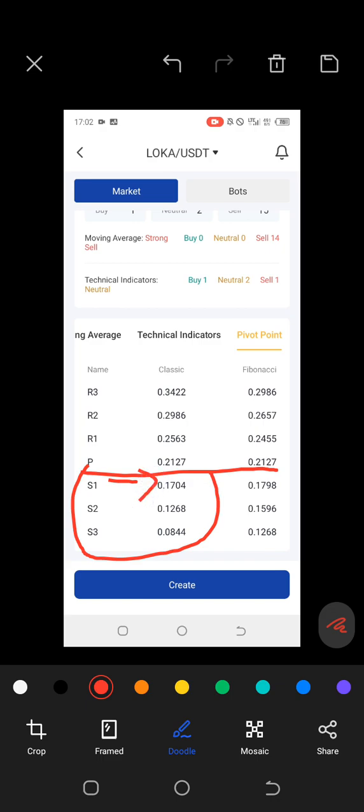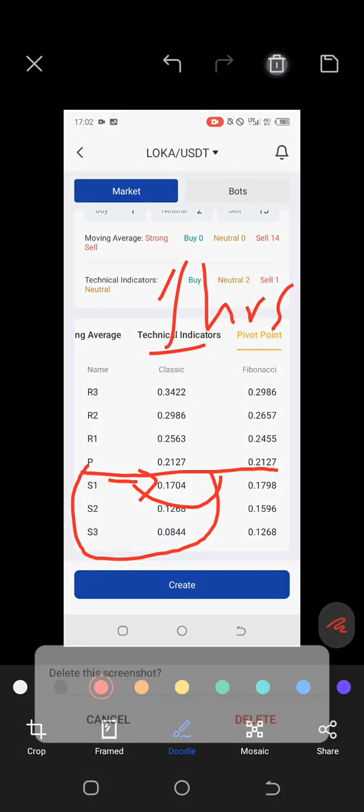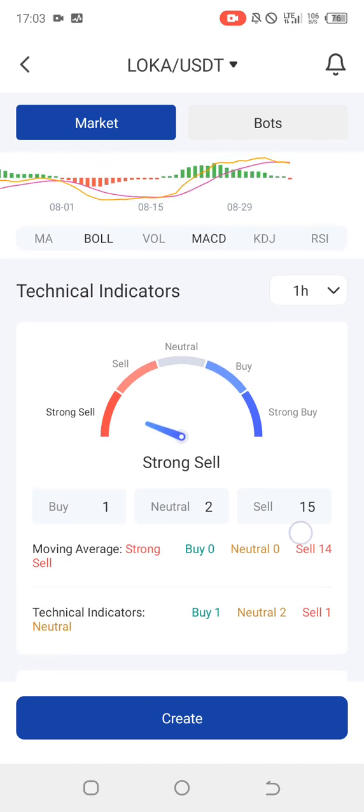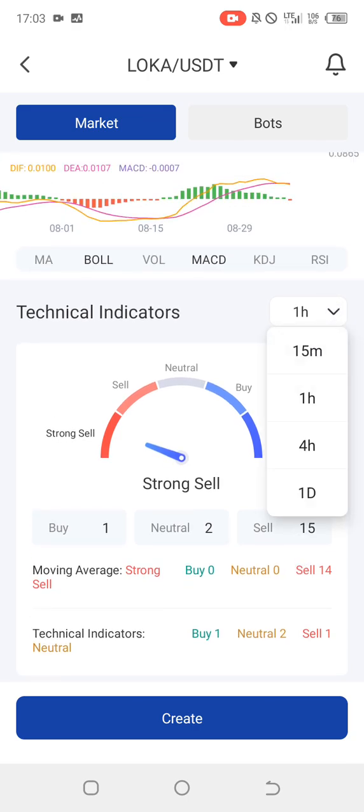So the S1, you see, this is on the 1 hour time frame. We chose the 1 hour time frame under the technical indicator section of your Royal Q. So the S1 you see is 0.17 cents. Okay, now we're going to change it to the 15 minutes.